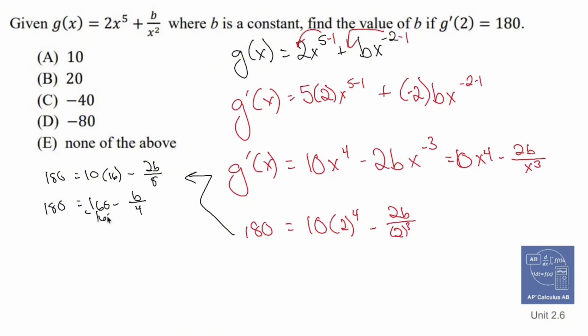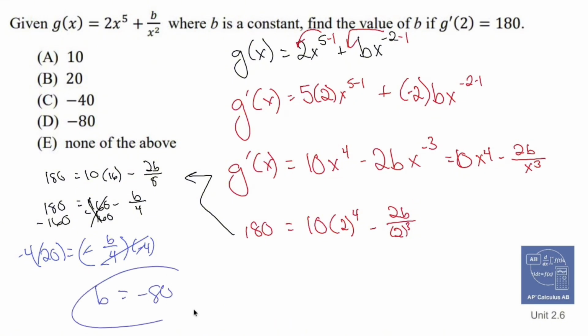Subtract 160, subtract 160. On the left side, you get 20 equals negative b over 4, right? Multiply both sides by negative 4. That crosses out along with the negatives, and b equals negative 4 times 20, which is negative 80.